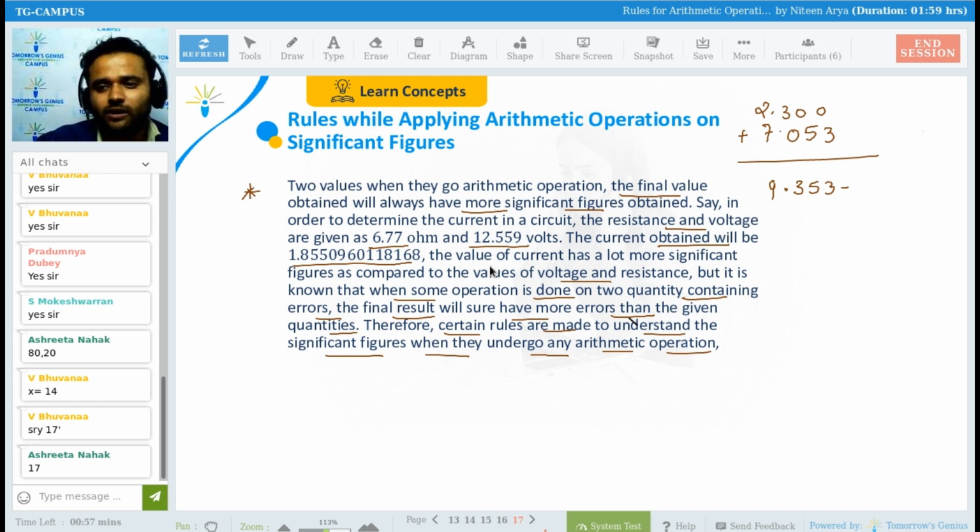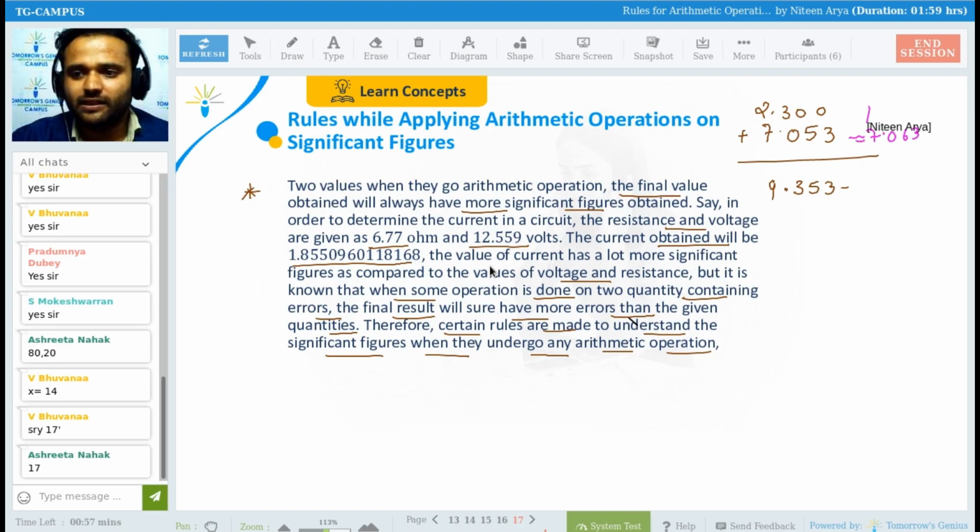What is the meaning of this error thing? Obviously, the last two digits can be this also, 7.0634373. These are the fixed digits without doubt, and these are the doubtful digits.